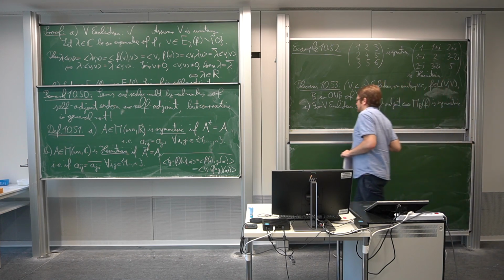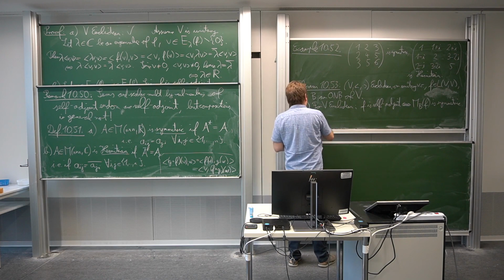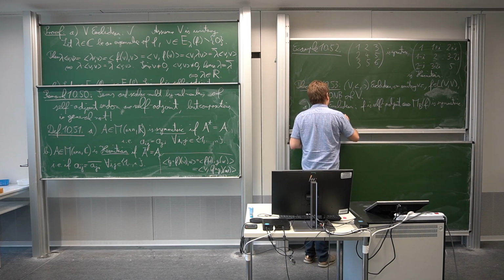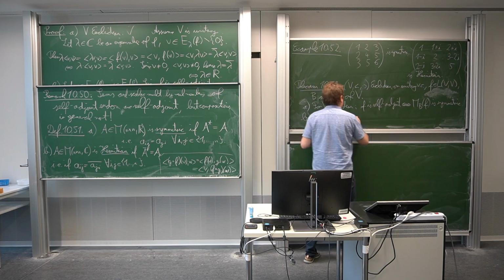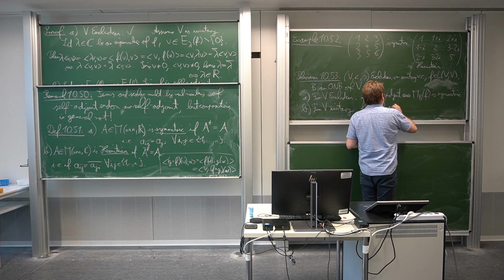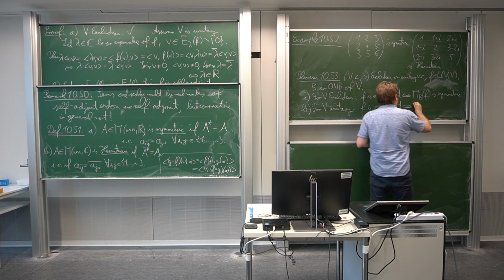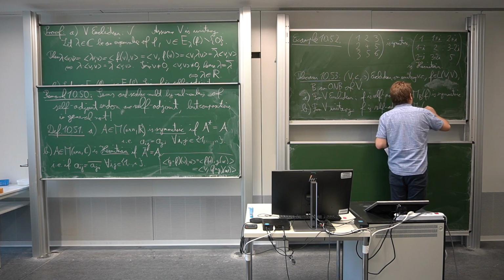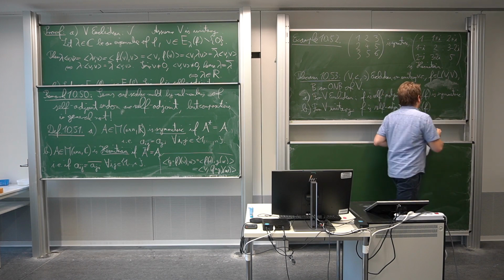And in the unitary case, we have the analogous statement: f is self-adjoint if and only if the matrix representation with respect to this orthonormal basis is Hermitian.